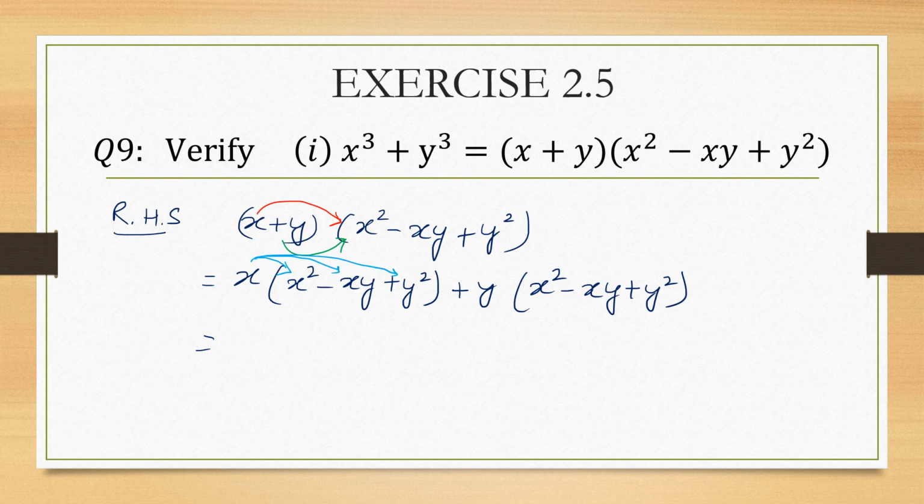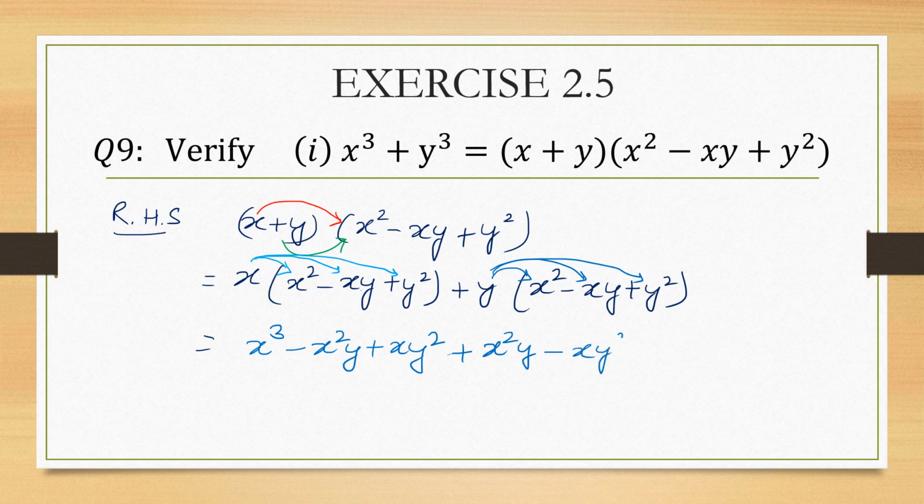So x into x square can be written as x cube. X into minus xy is minus x square y. Similarly, x into plus y square is plus xy square. Same way, plus y will be multiplied by x square minus xy and y square. So it can be written as plus x square y minus xy square minus y cube.